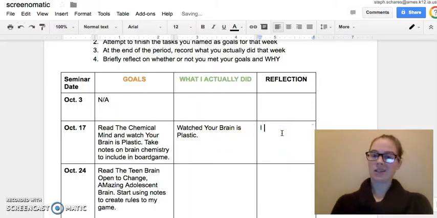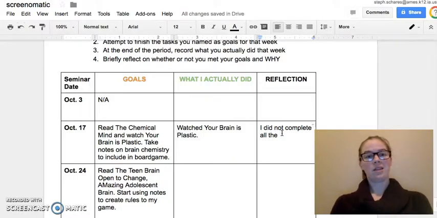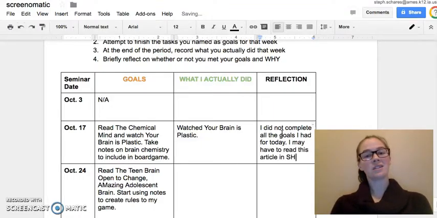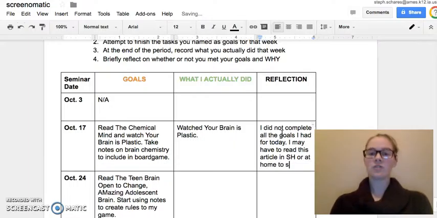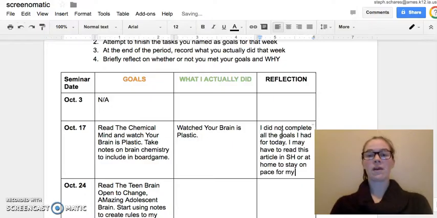My reflection is I did not complete all the goals I had for today. I may have to read this article in study hall or at home to stay on pace for my final project.